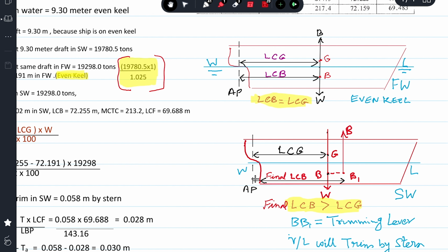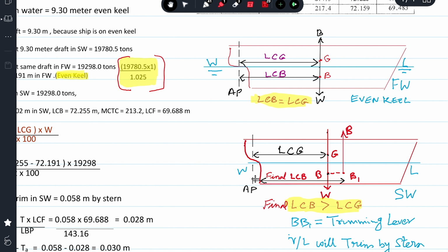In other words, the center of buoyancy has shifted forward. LCB is from aft perpendicular, so it has become more now. That means the buoyancy has shifted forward from B to B1. Now the center of buoyancy and the ship's displacement, they have formed a couple. And this couple has a trimming lever which is equal to BB1 here.